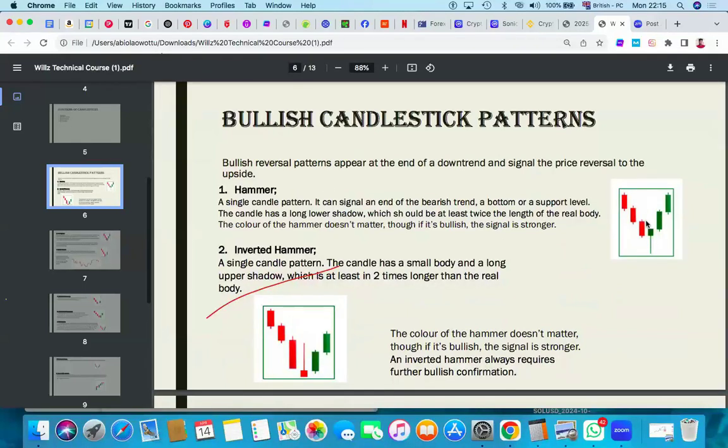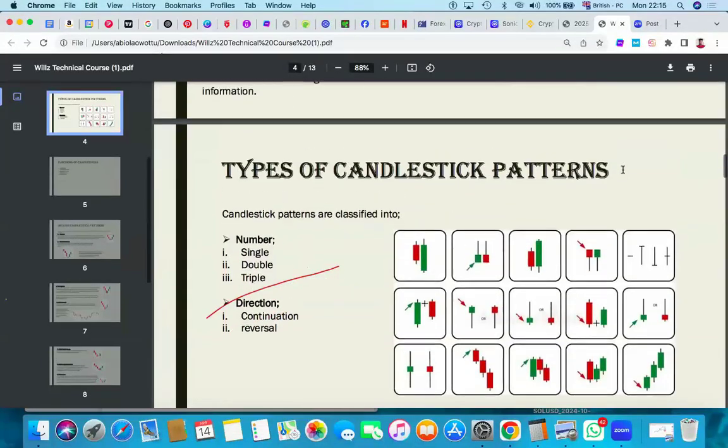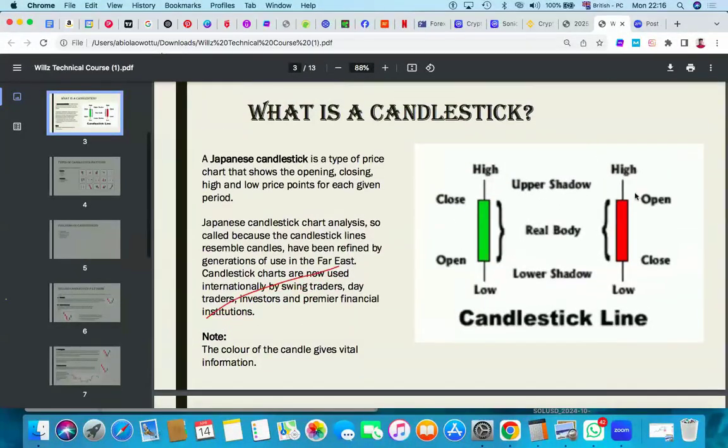For the hammer, you have three consecutive down candles, the bullish candle. We say this is our bullish candle and this is our bearish candle. If you understand how to read this, we gave the definition of the bullish and bearish candle.